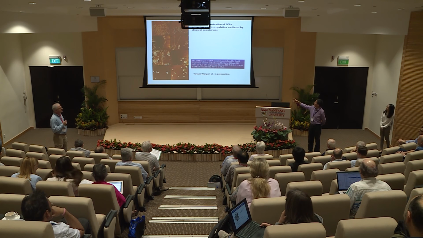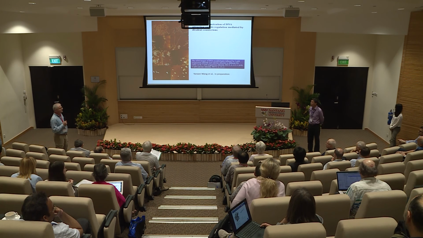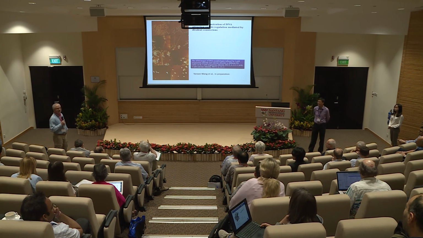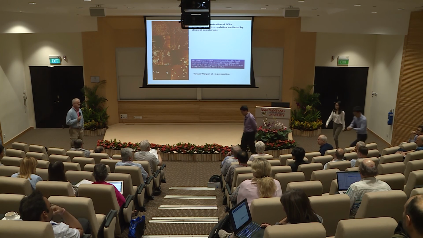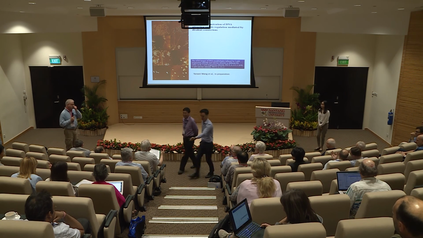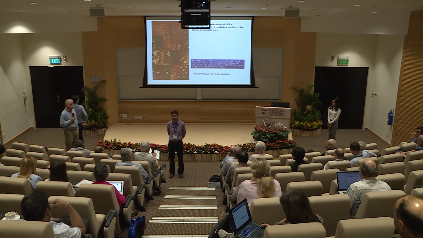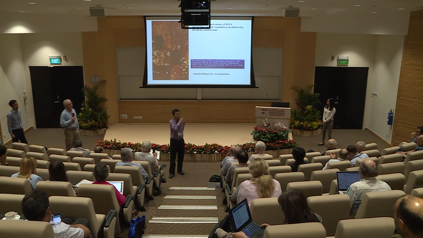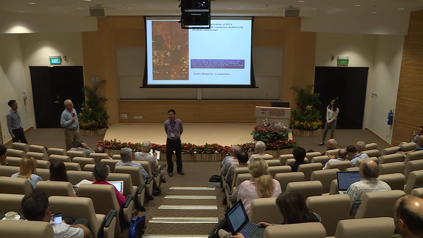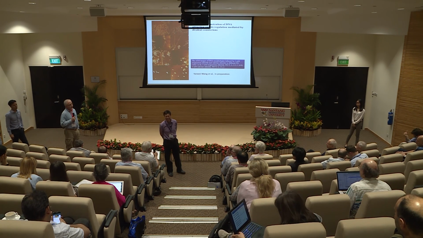So we tried different ones like magnesium and calcium, and we got the same result. Interesting. You mentioned the size. Do you mean the size from the AFM or what do you mean? We measure the size by dynamic light scattering.